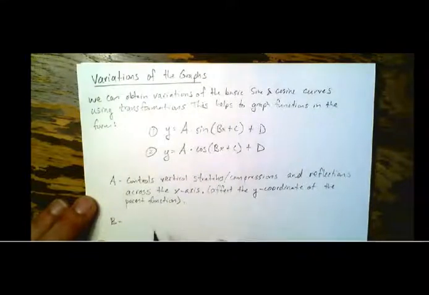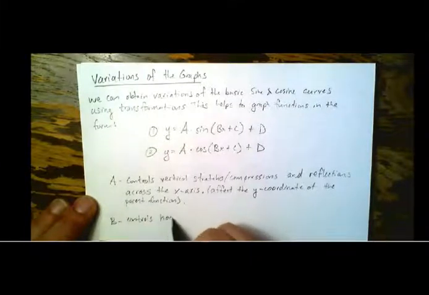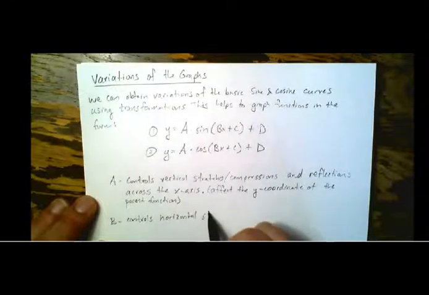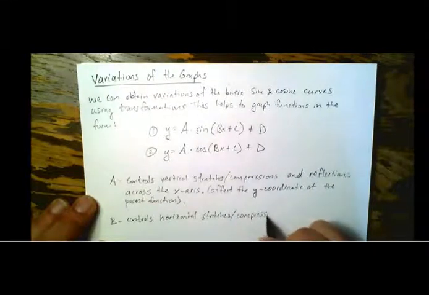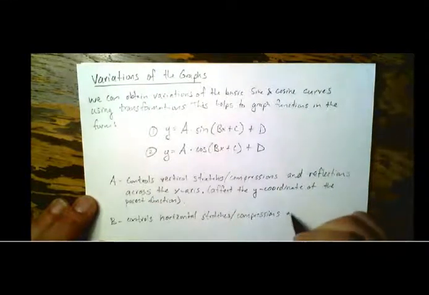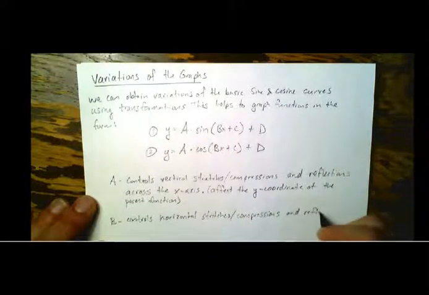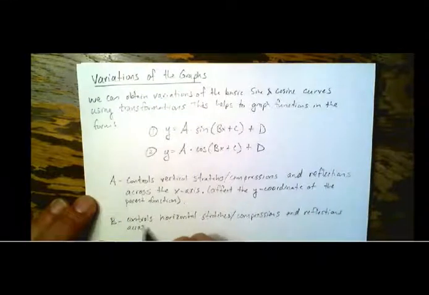B controls horizontal stretches or shrinks or compressions and reflections across the y-axis.